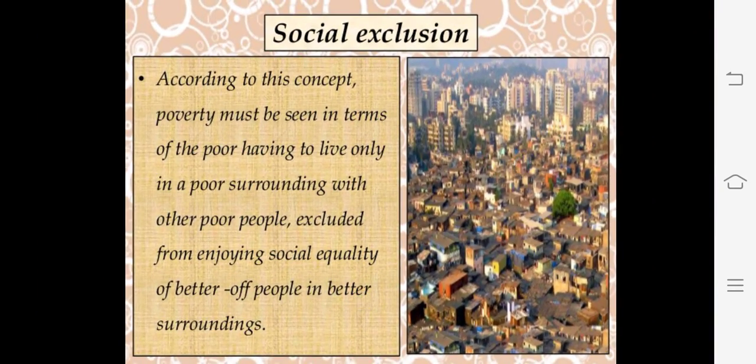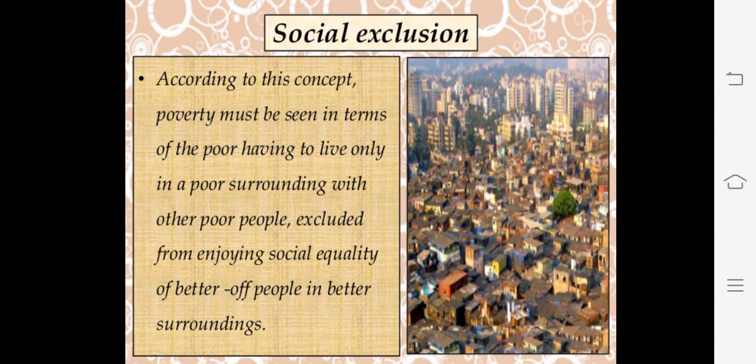Now we come to social exclusion. What do you mean by social exclusion? According to this concept, poverty must be seen in terms of the poor having to live only in poor surroundings with other poor people, excluded from enjoying social equality with better off people in better surroundings.